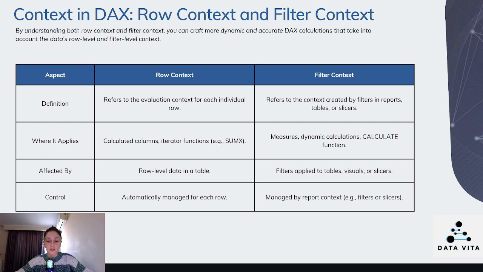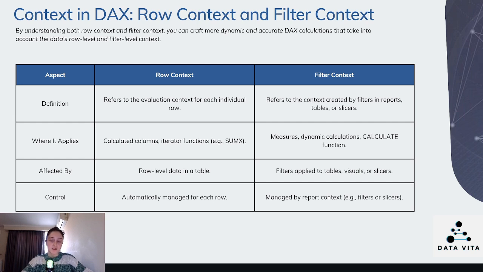Filter context is not row specific. It aggregates data based on the filters applied in the report or visualizations. For example, if you have a filter on a date range or a slicer that limits the data to a specific region, the filter context will calculate the measure based on the selection, considering only the filtered data.